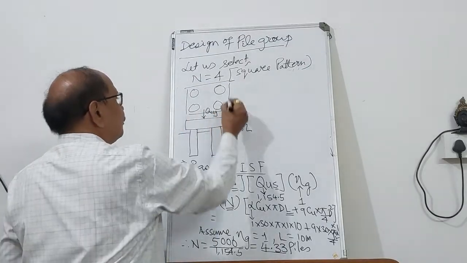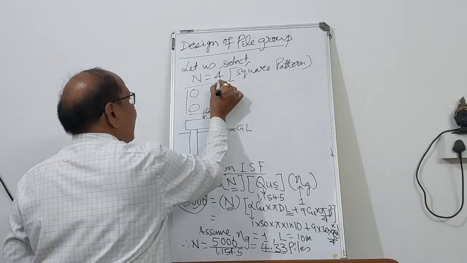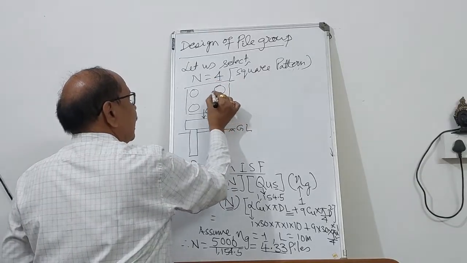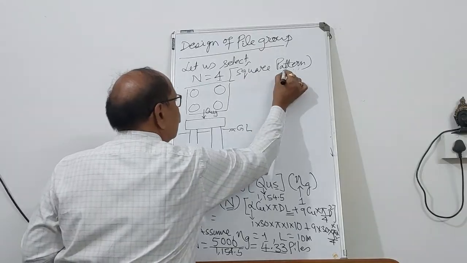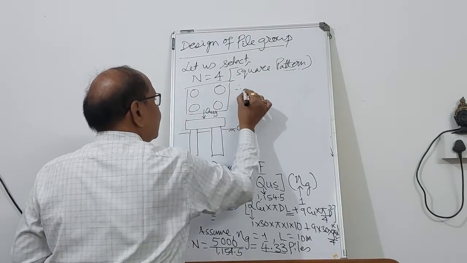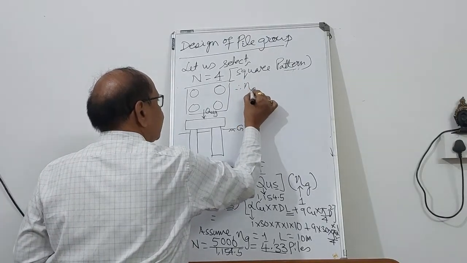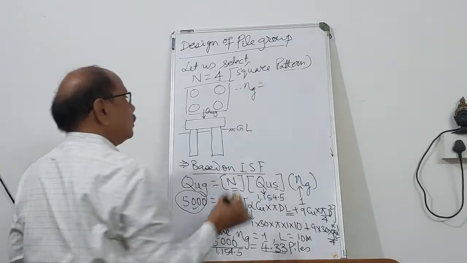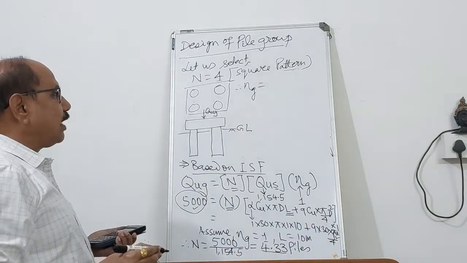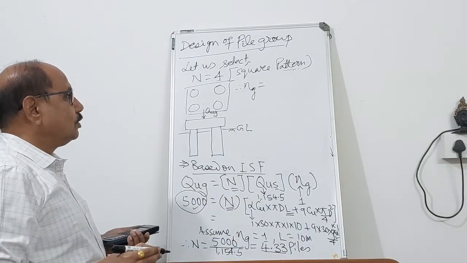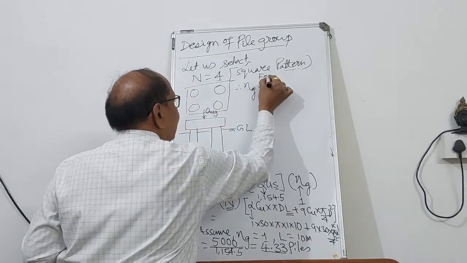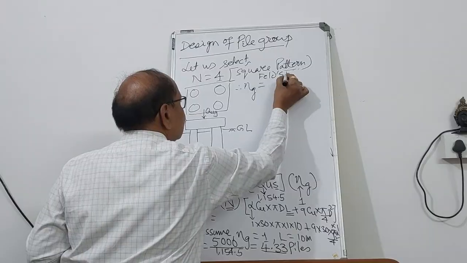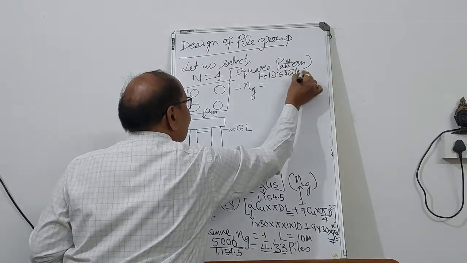Once you fix up the number of piles and the pattern, a square pattern is known to you, therefore you can calculate eta g. Eta g you can calculate by Feld's rule. Say we apply Feld's rule. That's the simplest way of calculating it.